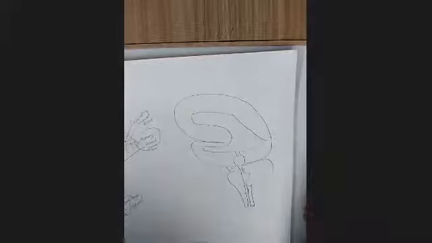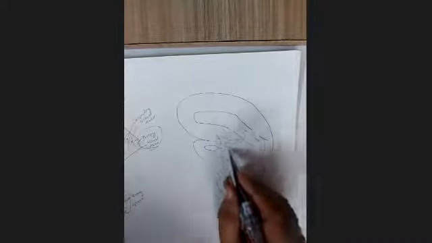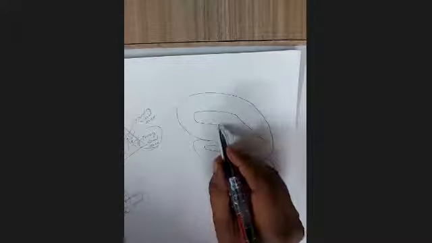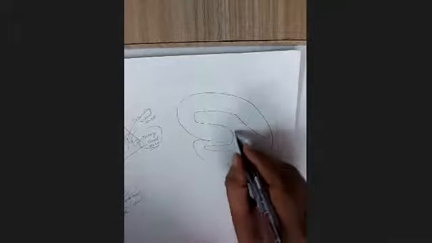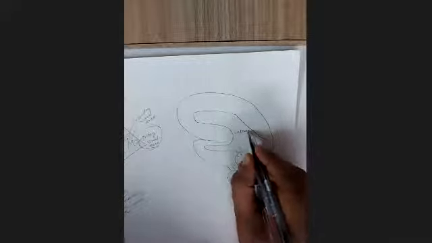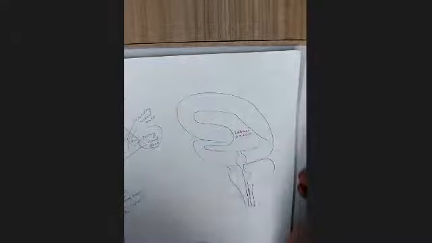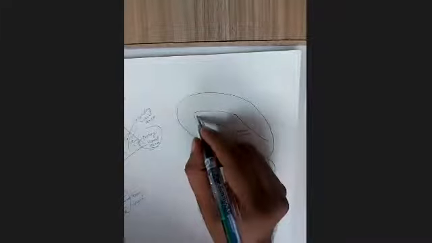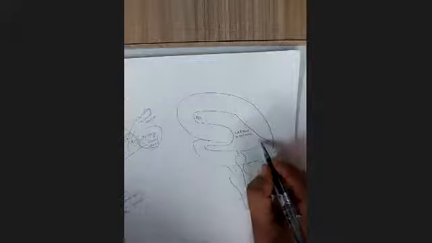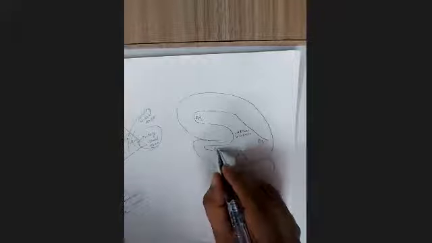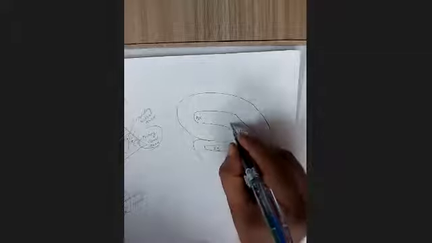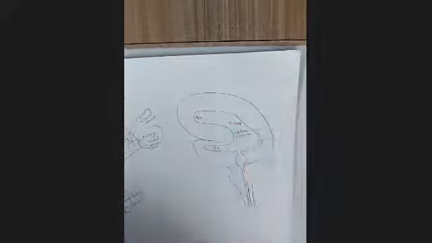Okay, so this whole thing, these are called the lateral ventricles. This lateral ventricle has an anterior horn, a posterior horn, an inferior horn, and a central portion.